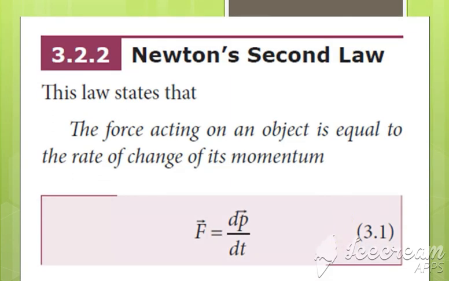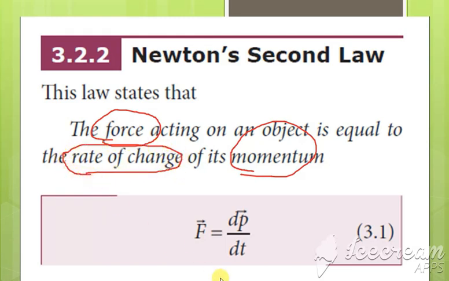So next we have Newton's second law. Newton's first law we have seen, along with that we have also seen what inertia is, is it not? So Newton's second law is the relation between the force and the momentum, okay. As I have told you already, whenever you get the term rate of change of, what do we write? We write d by dt, isn't it?